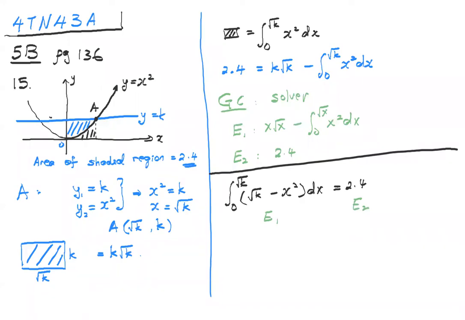So I also got another way of doing it. Okay, who can tell me how to do it? I can also do like that. I can integrate from 0 to k x dy, that is equal to 2.4.